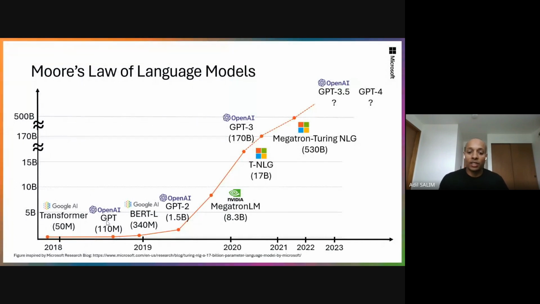So I'm sure you've seen this graph. Over the past years, we have seen language models of increasing sizes and with increasing capabilities at the same time as the size increases.